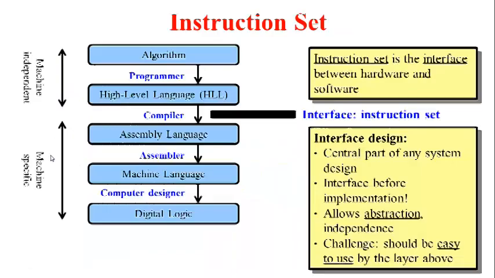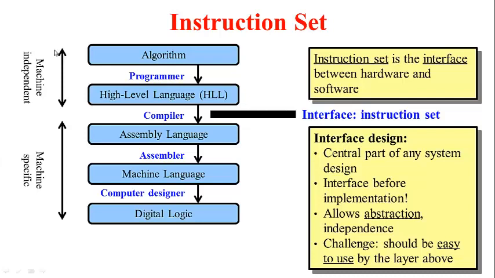language. We can now revisit this language hierarchy which we have seen earlier. We saw that algorithm and higher level language are machine or hardware independent, and whatever is below here, assembly language, machine language and digital logic, are machine or hardware specific. So we can think of these 3 layers below to represent the machine or the hardware, and these 2 layers above to represent the software.